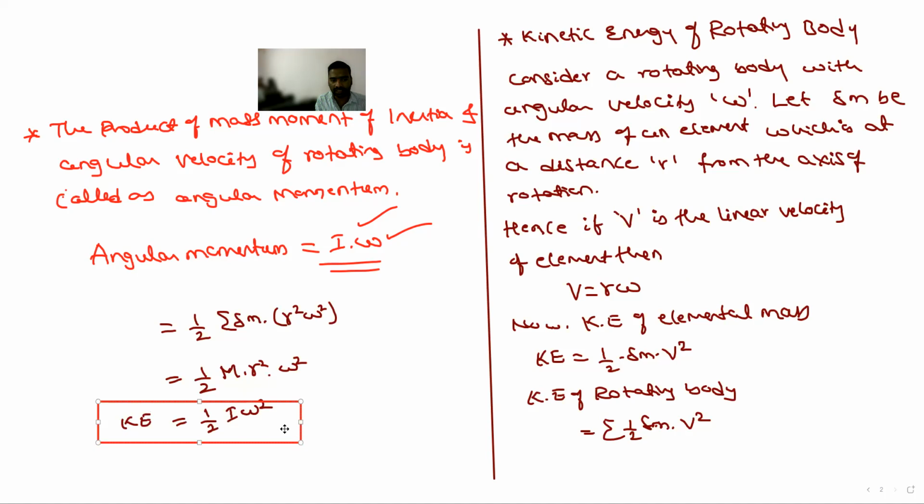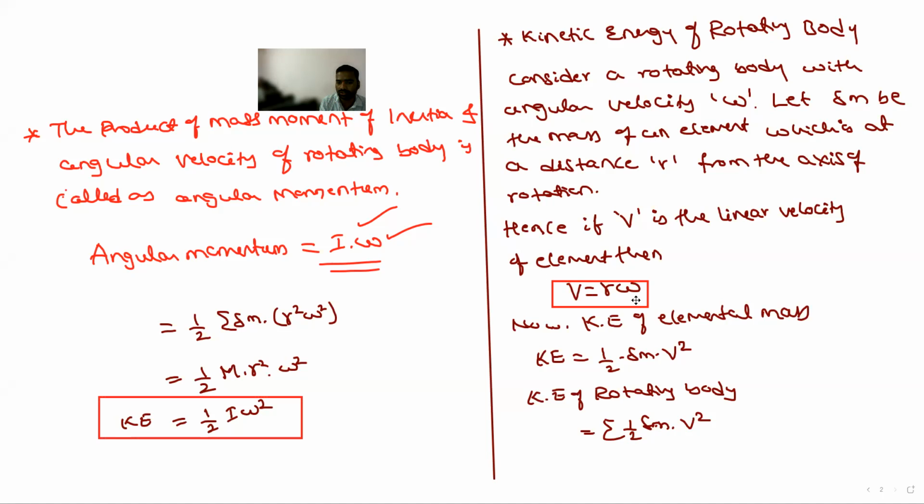You have written the same formula? Okay. So just what he has done, he has taken linear velocity first, then kinetic energy for the elemental strip, then kinetic energy for the total rotating body.